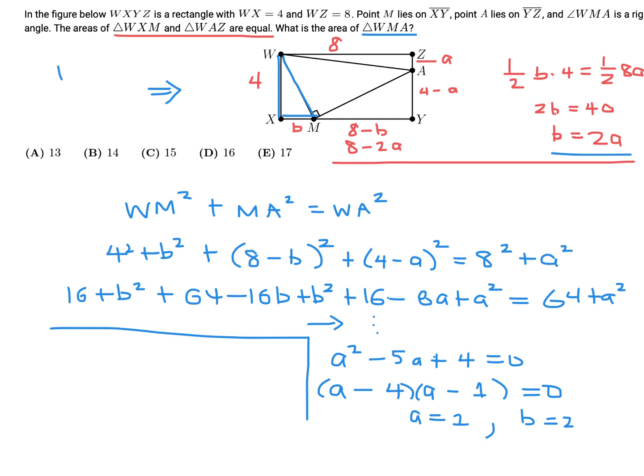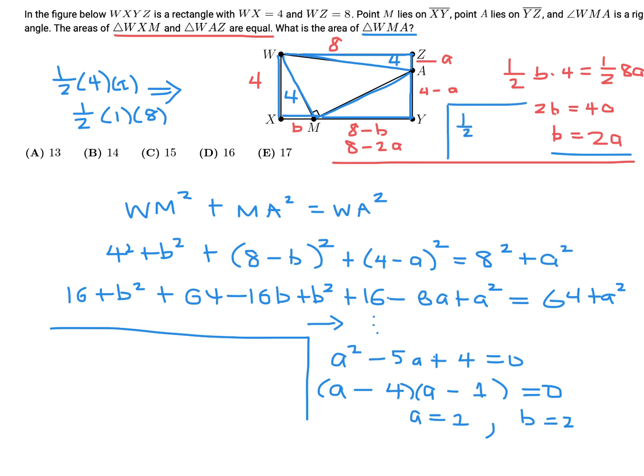would be 1/2 base times height, which is 1/2 times 4 times 2, which is 4. So they put the 4 there. And then the area of this guy, we know A is 1, so that'd be 1/2 times 1 times 8, so that's 4 also. And then this here would be 1/2 base times height.